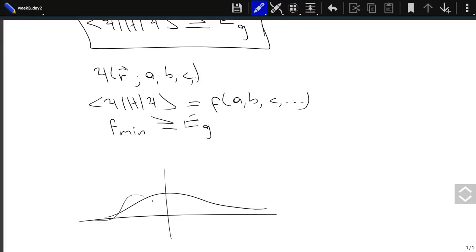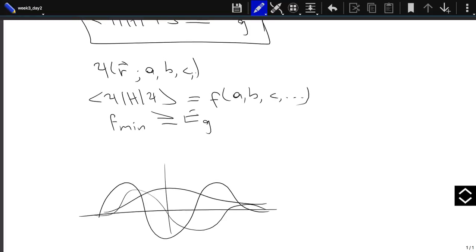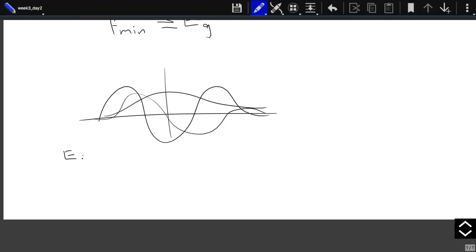It's 0 at some point. It's 2 bumps. The second excited state will have 3 bumps, etc. This is the general shape of all the wave functions that you will find. So let's do an example of this variational principle.